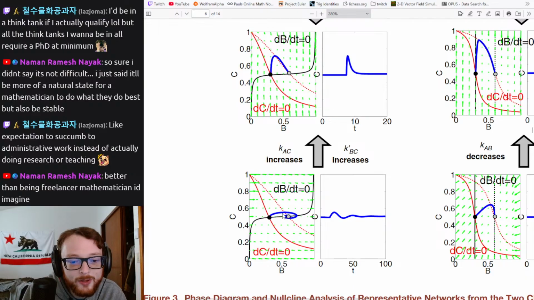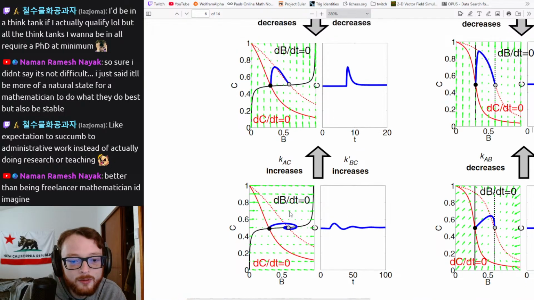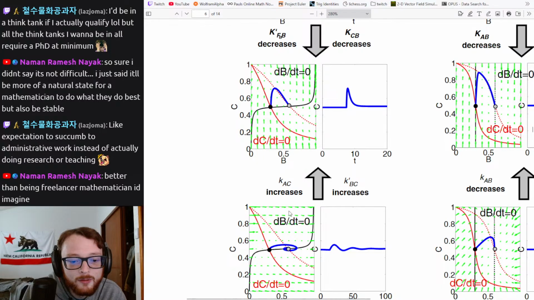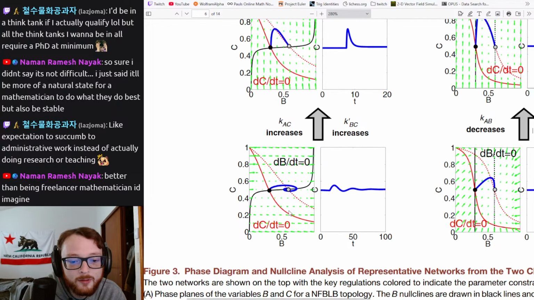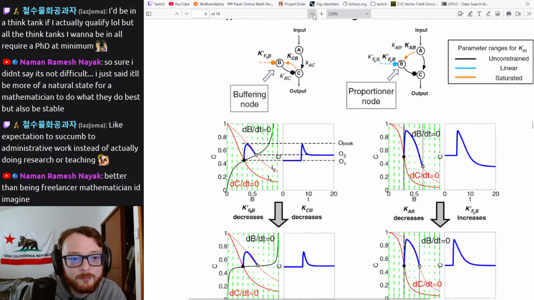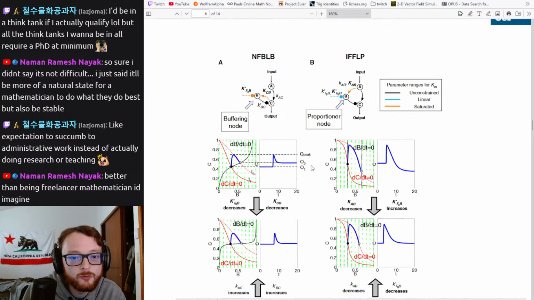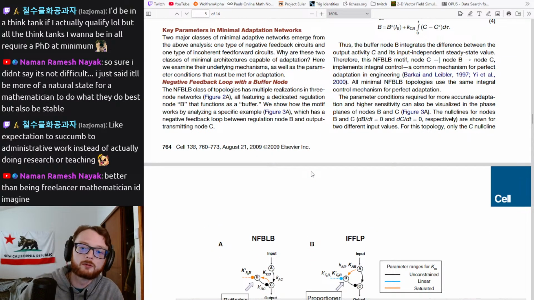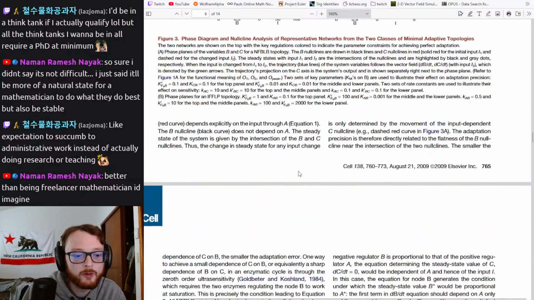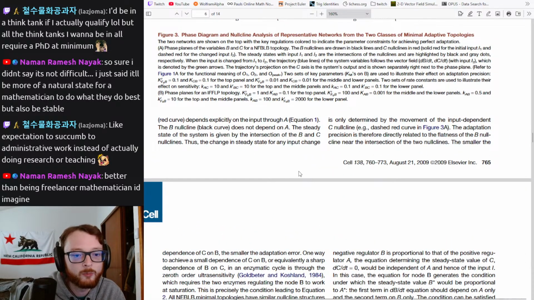Ooh, we get some oscillations with this one. I don't quite know how to figure out why those changes should happen. Only the C null cline depends explicitly on the input through A. The B null cline does not depend on A. Steady state of the system is given by the intersection of the B and C null clines.